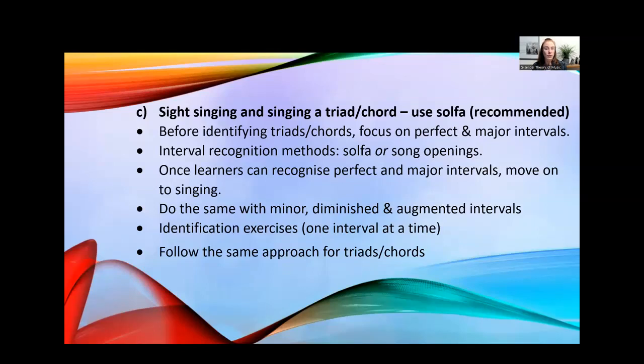So you start with identifying intervals. Once they can identify, you move on to singing. And you just focus on one interval at a time. You can decide whether you want to work according to the quality.